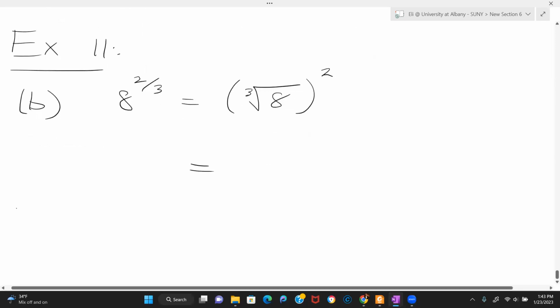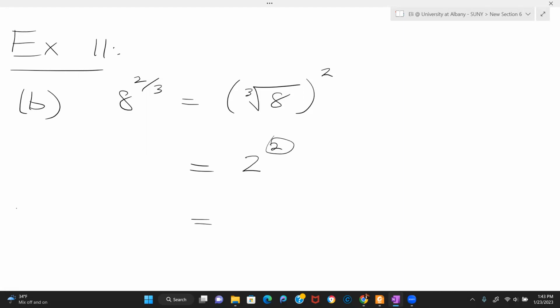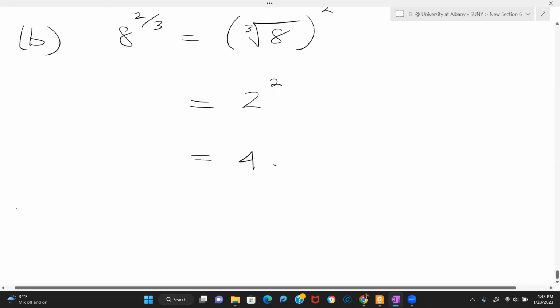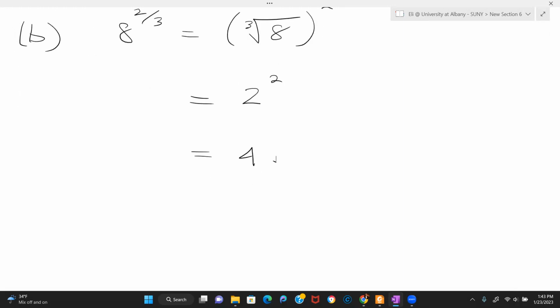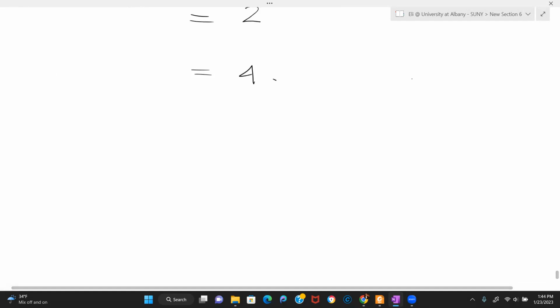The cube root of 8 is 2, because when you raise 2 to the third power, you get 8. So this is going to be 2 squared. Now we're just doing an integer exponent, and we already know how to compute with those. So this is going to be 4. All right, let's move on to example 12.